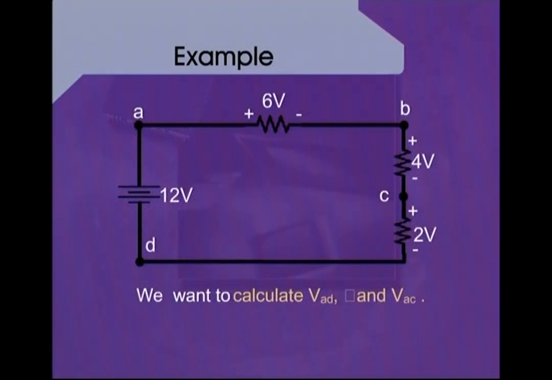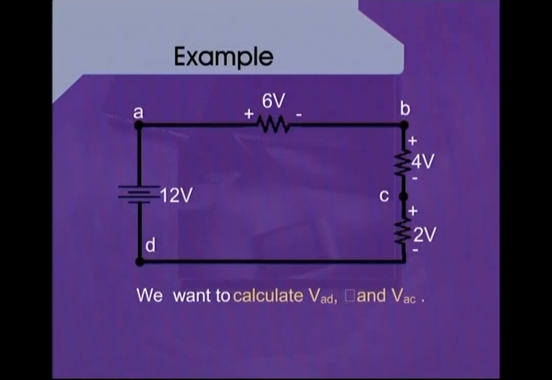These are just among the 2 points. Now, if you see onto the slide, we have marked this circuit with points A, B, C and D. Starting from A, we can see that the first resistance has been provided with a voltage drop across it having a value of 6 volts.